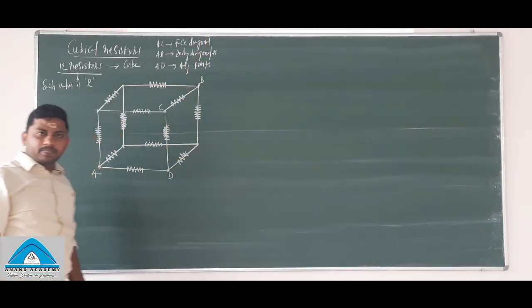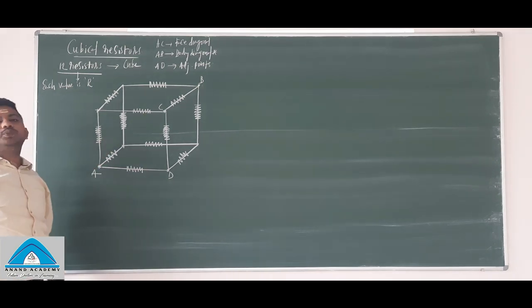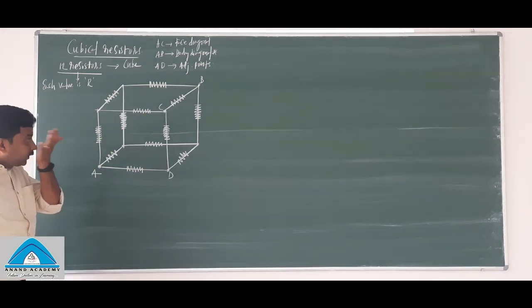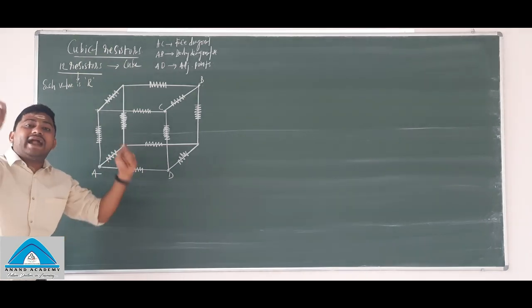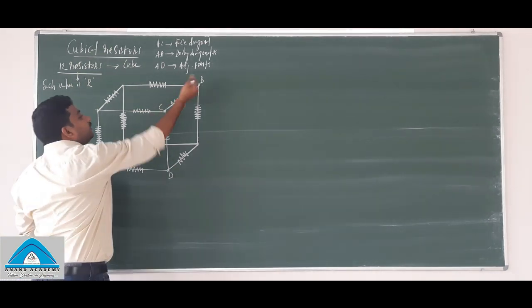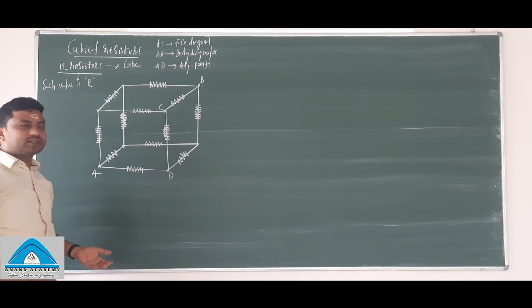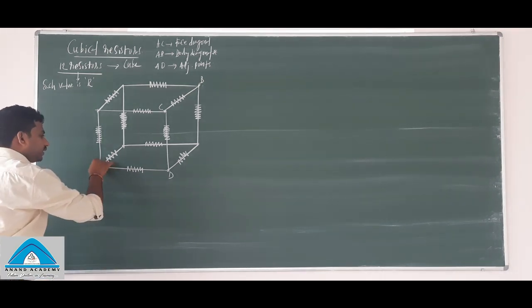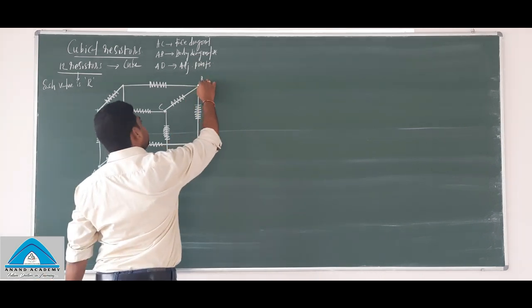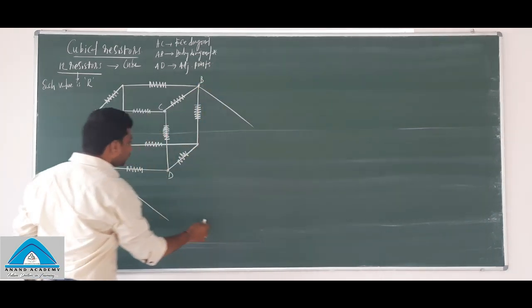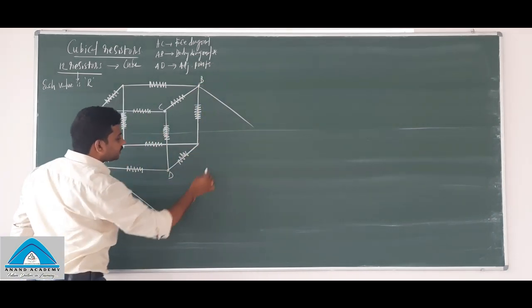A and B are the 2 points given. The question is to find the effective resistance of the cube when the battery is connected between A and B. How is the battery connected between A and B? This is point A and this is point B. The battery is connected in this way.